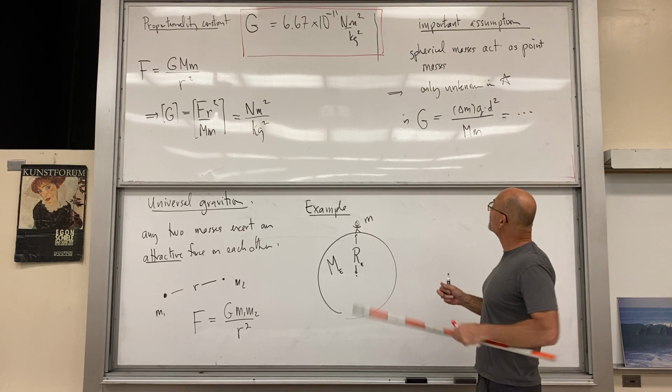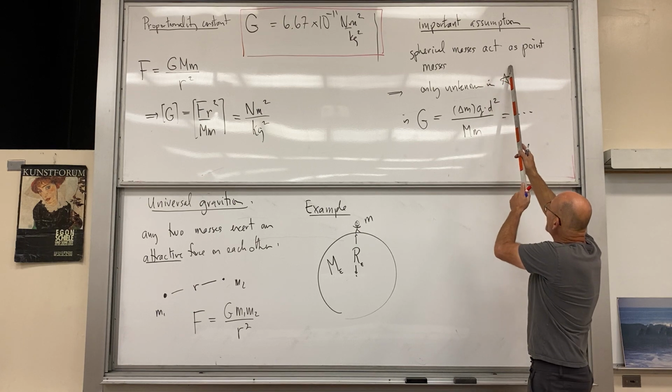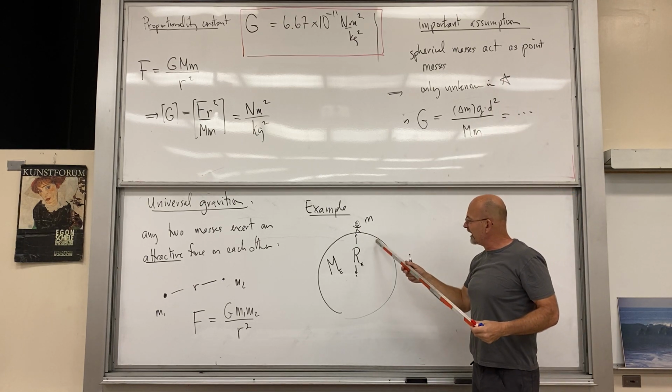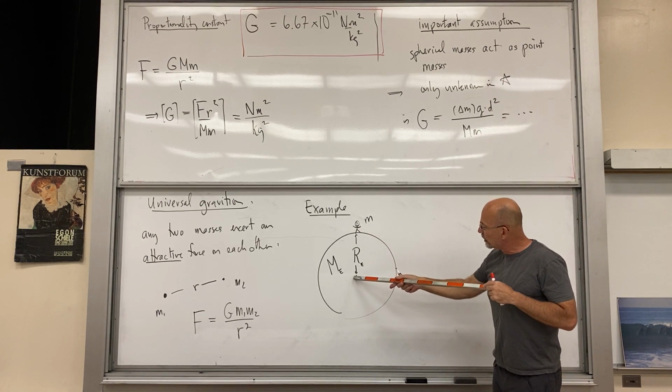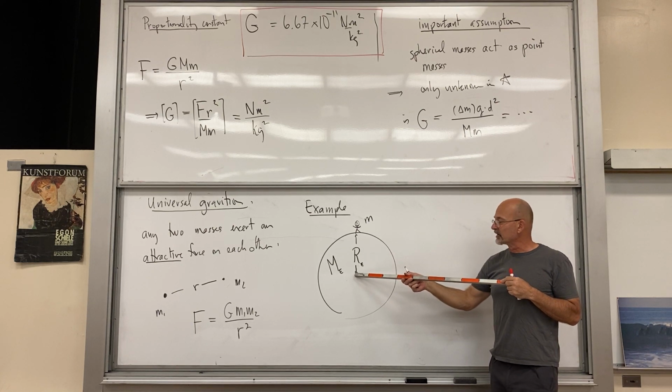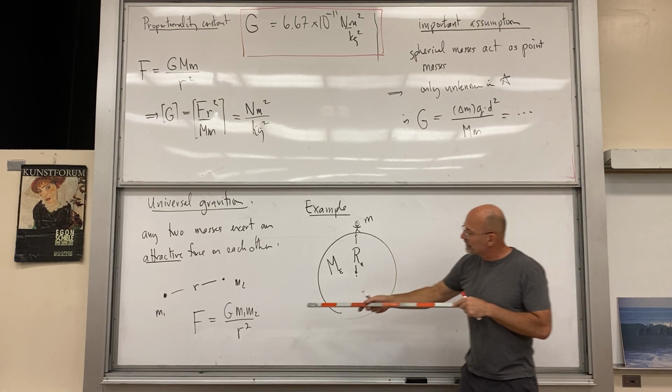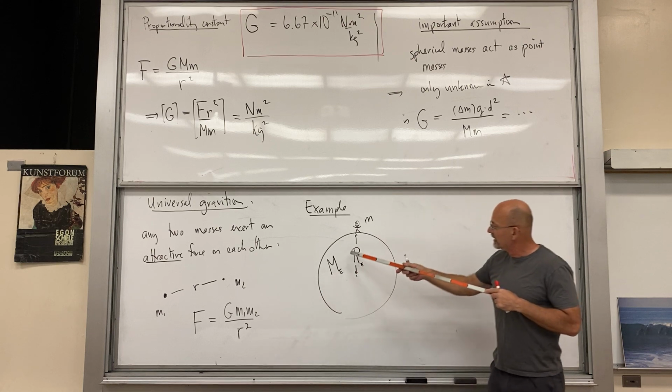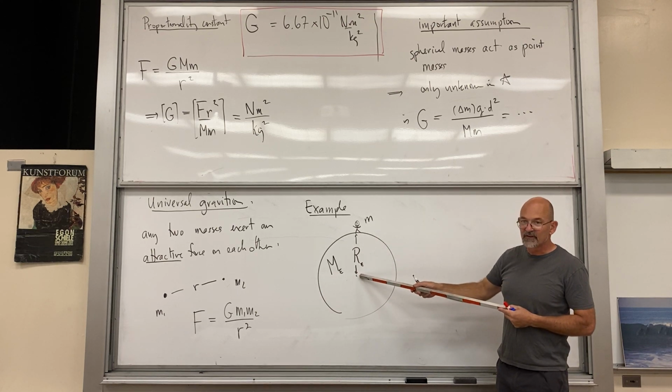So now this assumption, the Earth is a giant sphere, of course, but it attracts us as though it were all concentrated at the center. It attracts us as though our separation distance is the distance from the surface to the center.